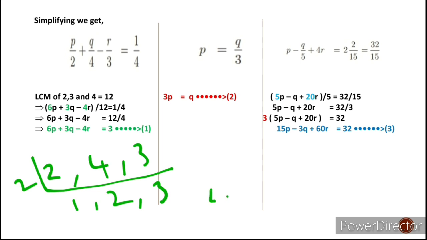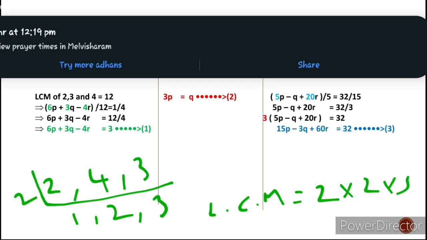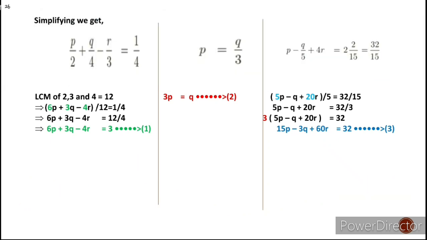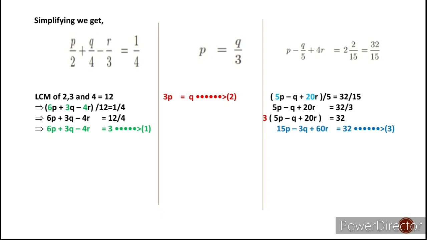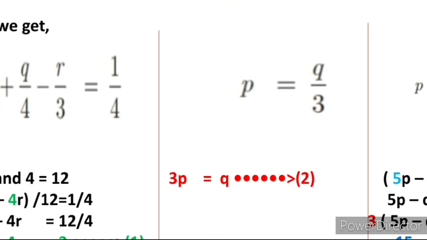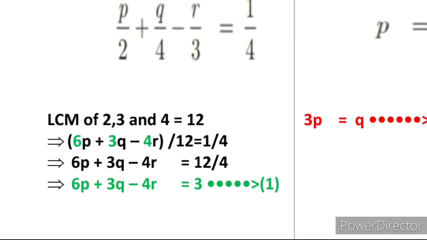So the LCM is the product of all the numbers: 2 into 2 into 3, which is 4 into 3, equal to 12. The LCM of 2, 3 and 4 is 12.